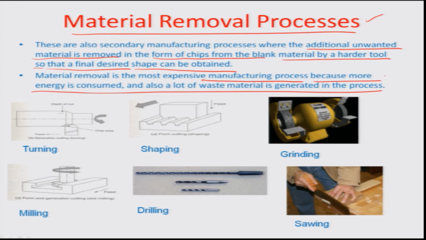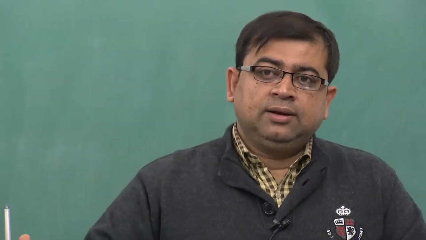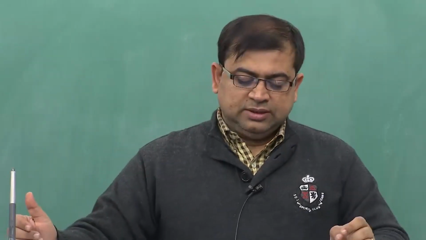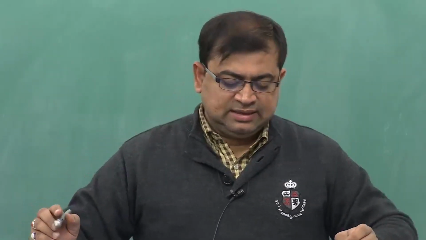So, there is an impetus nowadays to ask whether we can really do without this wasteful, expensive secondary material removal process, and that is why people are going into additive manufacturing and components made as is in a finished state, which is one advancement over the conventional way of casting followed by machining, so that the material goes into the assembly. So, there are many processes that we will discuss.